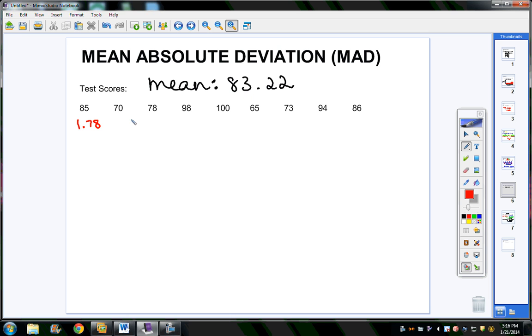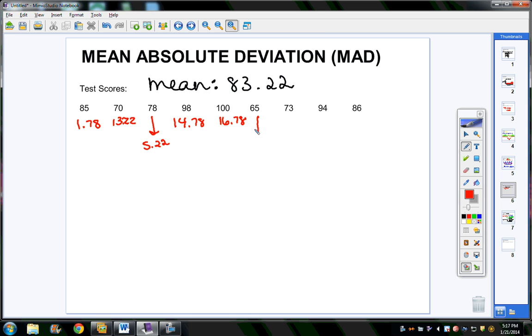That's the difference between those two numbers. The difference between 83.22 and 70 is 13.22. The difference between 78 and 83.22 is 5.22. 83.22 and 98 has a difference of 14.78. This is a difference of 16.78.